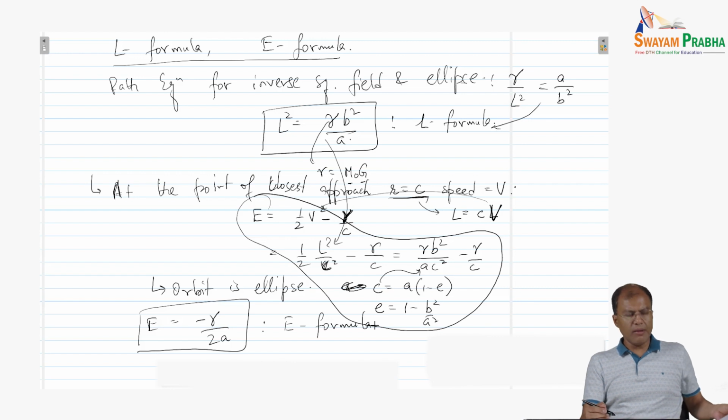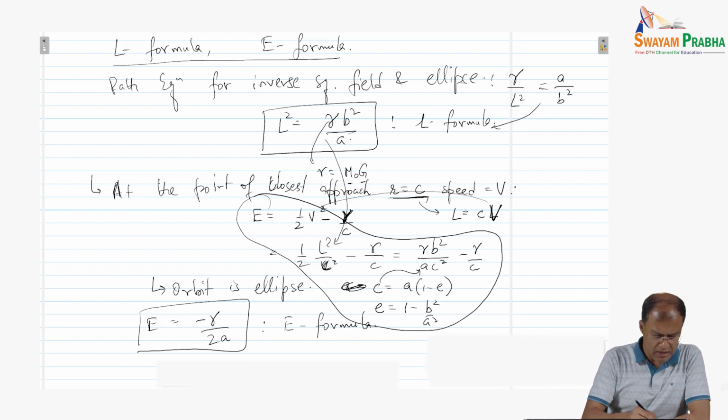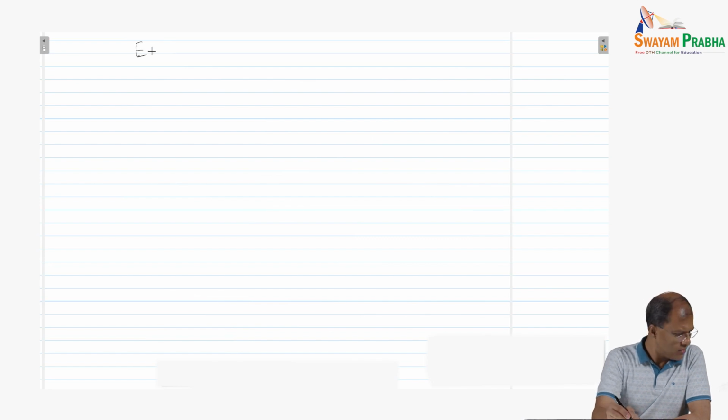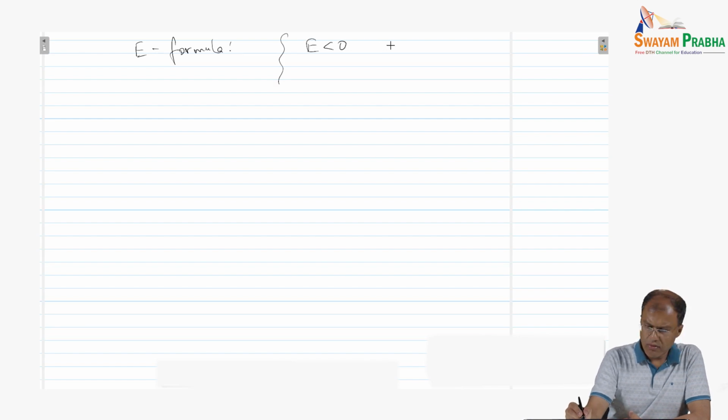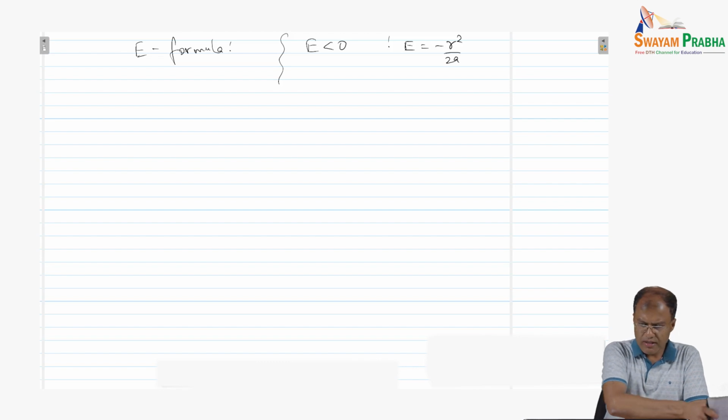So these are on the ellipse. I can generalize my E formula for the case of ellipse as well as for the hyperbola and for the parabola. So let me write down the generalized E formula. For the ellipse, E is less than 0, and E is minus gamma by 2a. Was this gamma square or gamma? Just a minute. I think this is going to be gamma, not gamma square.